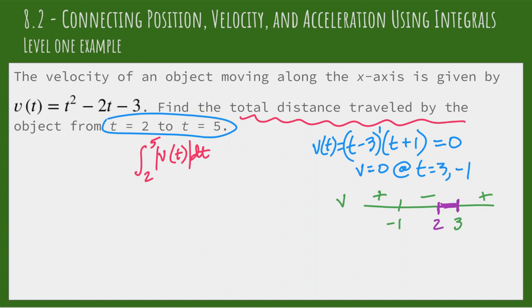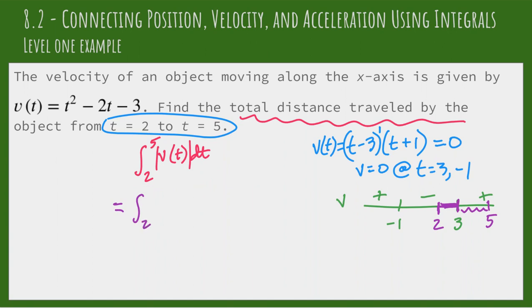So I'm going to use the opposite of that to get the distance traveled, because remember we're using absolute value. And then from 3 to 5, I'm going to do another one. And since the object's moving to the right, that integral is just going to tell us how far it went during that time.